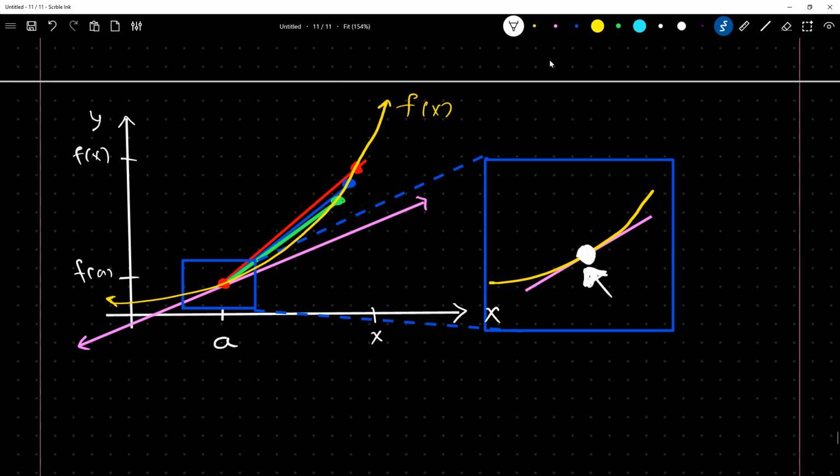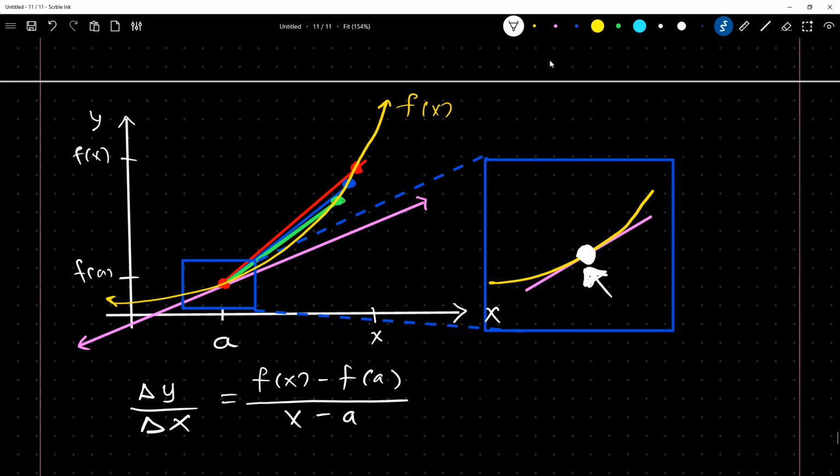Now, how do I do that? Well, we start with the gradient formula, right? So we have delta y over delta x. In this case, we've got f of x minus f of a divided by x minus a. And so what happens is we use something called the limit.